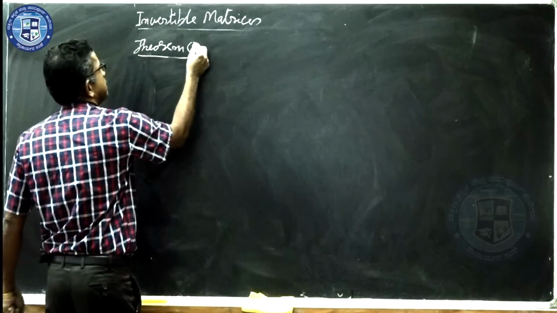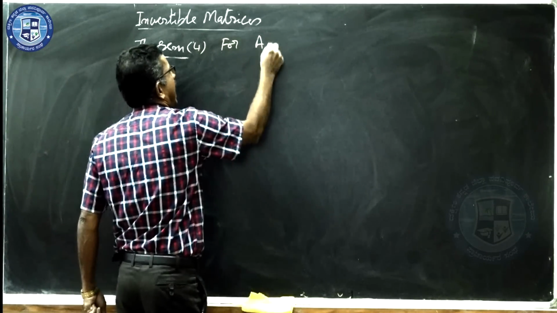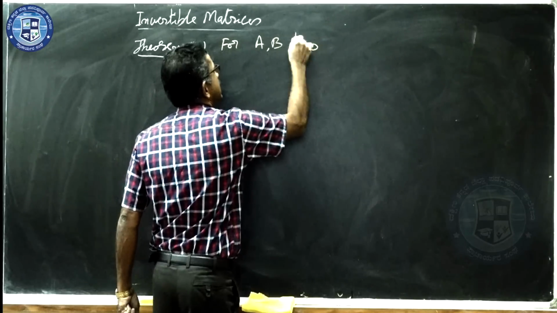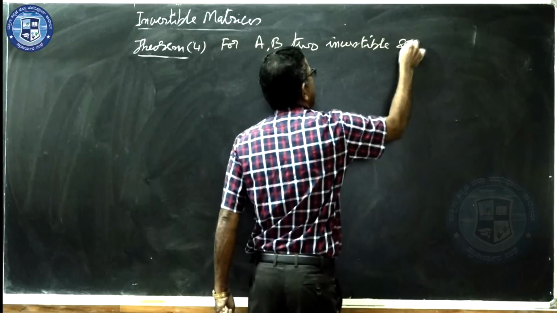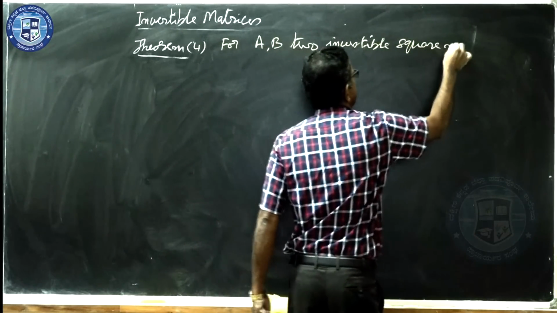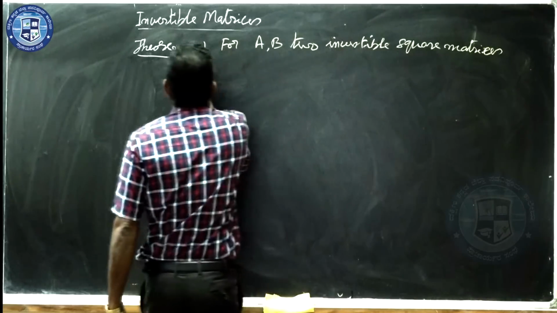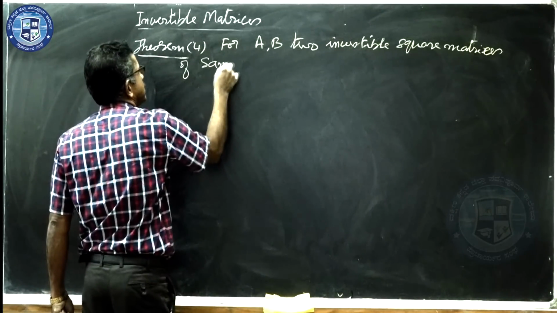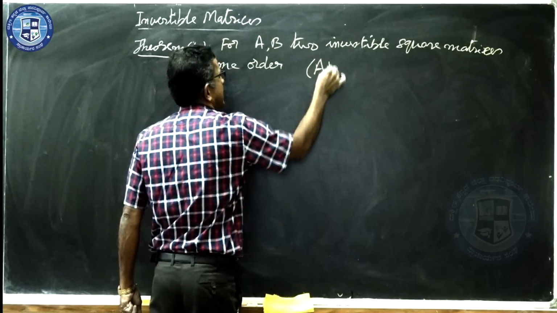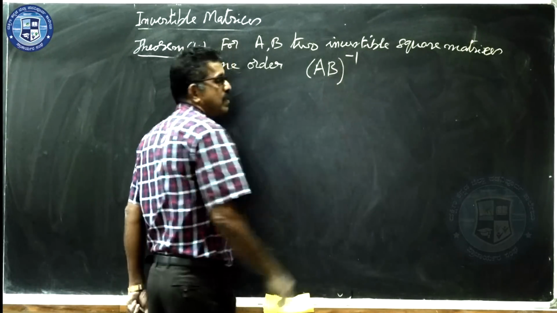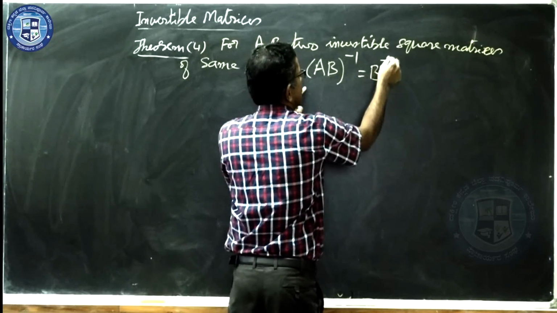Similarly, we expect, for A and B two invertible square matrices of the same order, we always expect the inverse of AB will be always B inverse into A inverse.